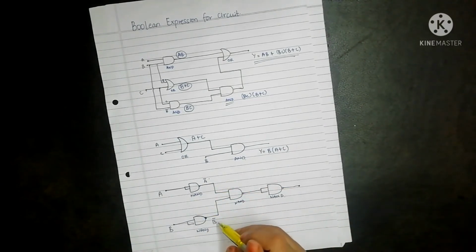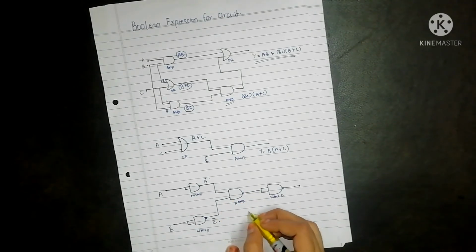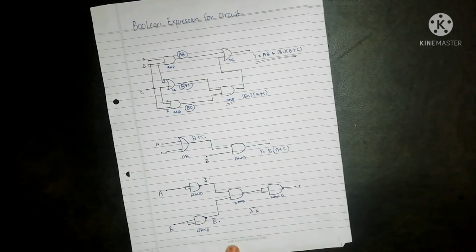Next, both these outputs are going as input to the next NAND gate, and the NAND gate will give the output here as A bar dot B bar, the whole bar.